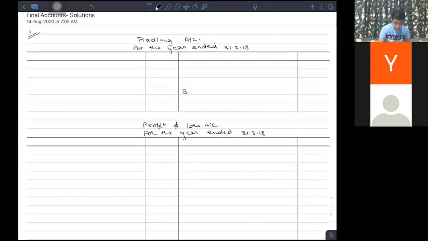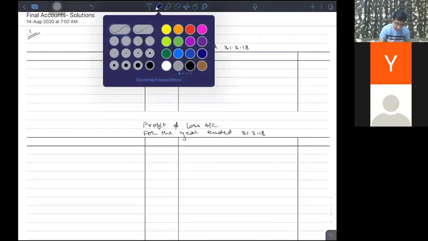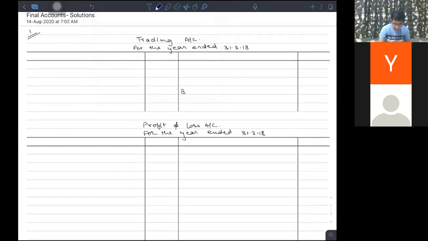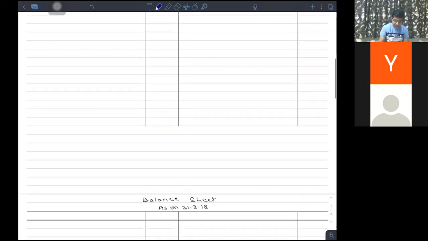So trading account credit side I'll write by closing stock rupees 13,500. मैंने छोटे छोटे presentations आपको दिखाए थे अलग अलग, and the same way it will be presented.